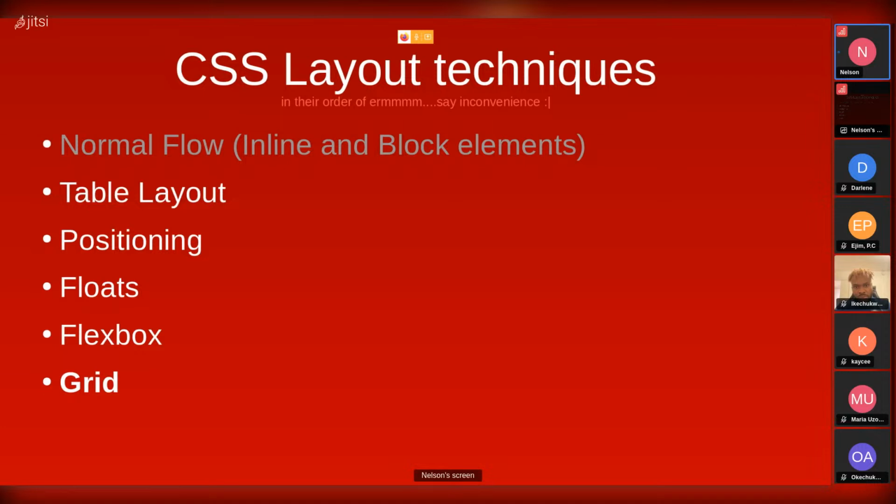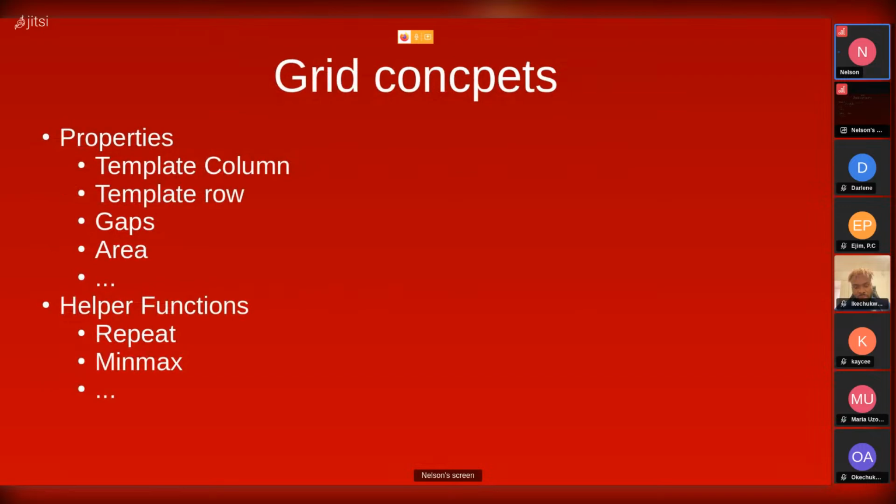So back to grid concepts. I believe you have an idea of how flexbox works. In flexbox you have this concept of columns and rows. The same thing also exists in grid. Then you have gaps, you have areas, and all that. We are going to be looking at all those.